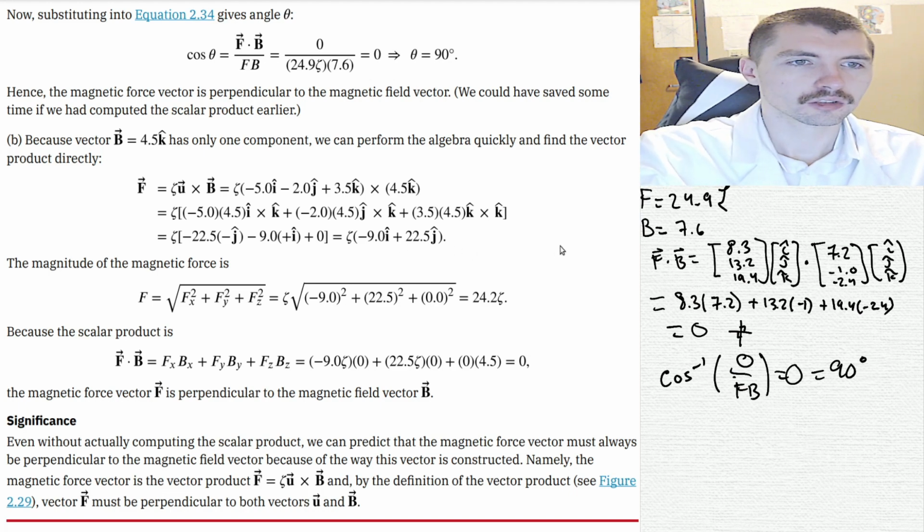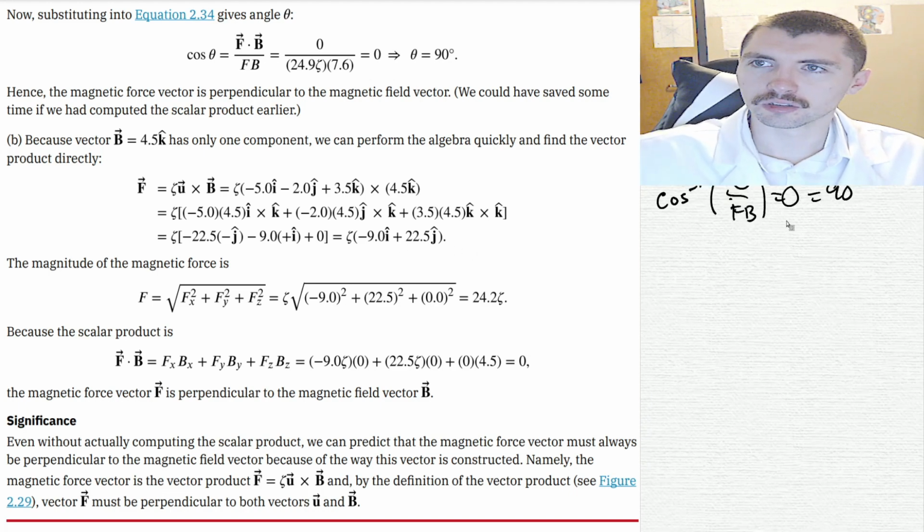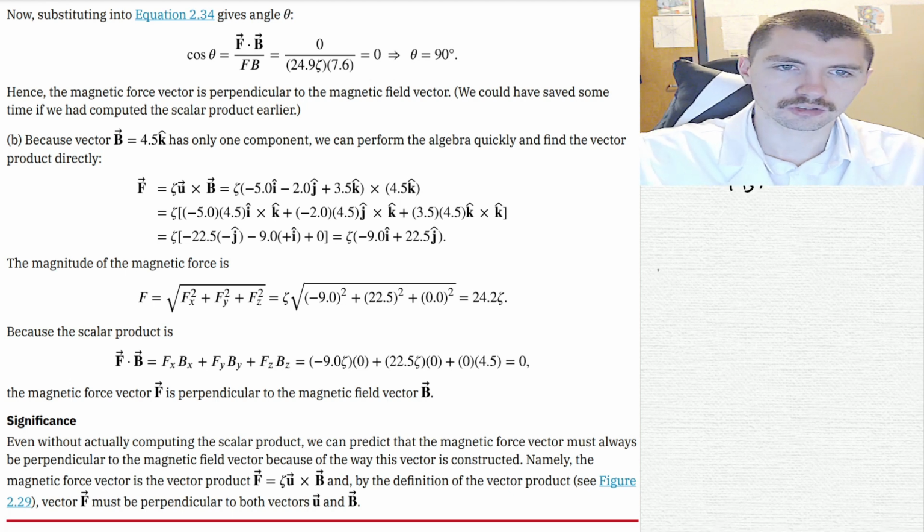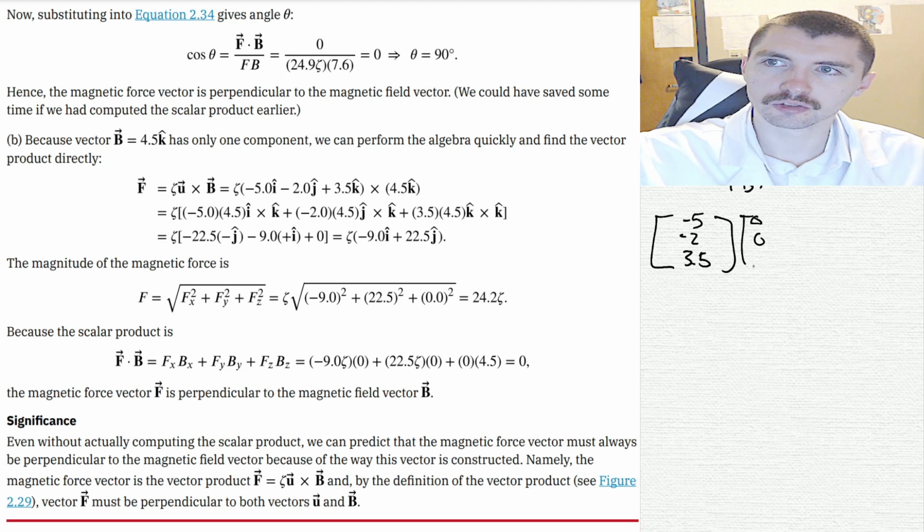Okay. So here's where, what if we're doing cross 0, 0, 4.5.